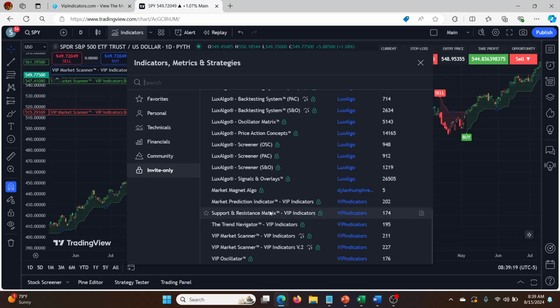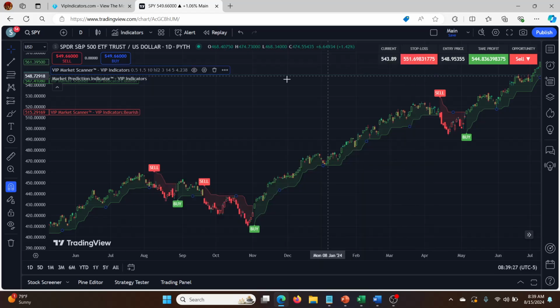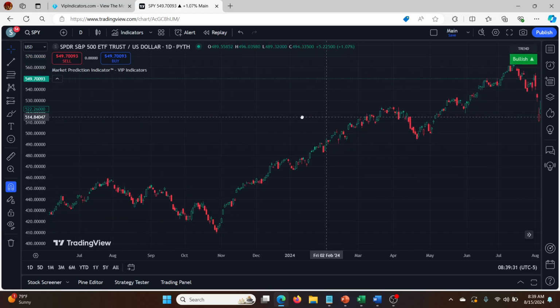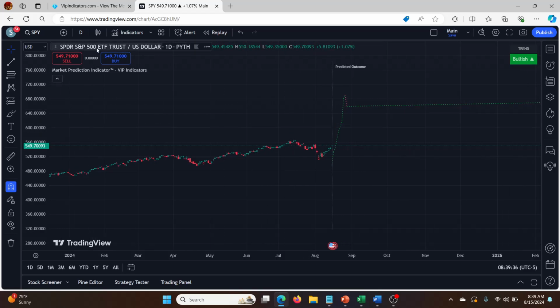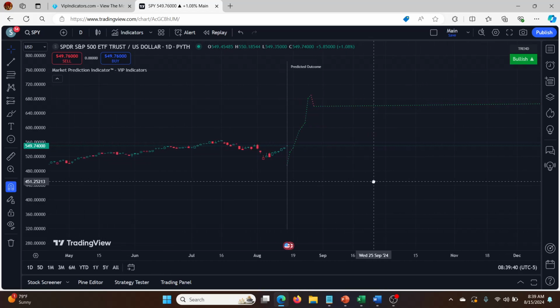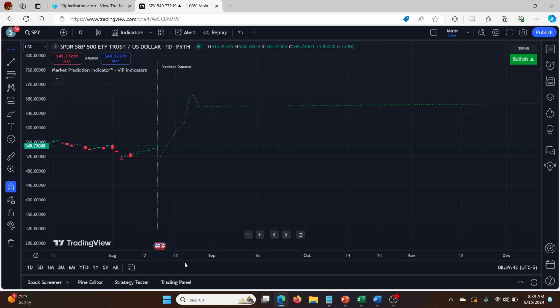So if we go to the first one, which is the market predictor indicator, this one sounds good on paper, so I'm going to load it up here. So let's get rid of this thing. Actually, this is quite interesting on the daily. Maybe it's looking at this because the market was closed, but this is what they're predicting.